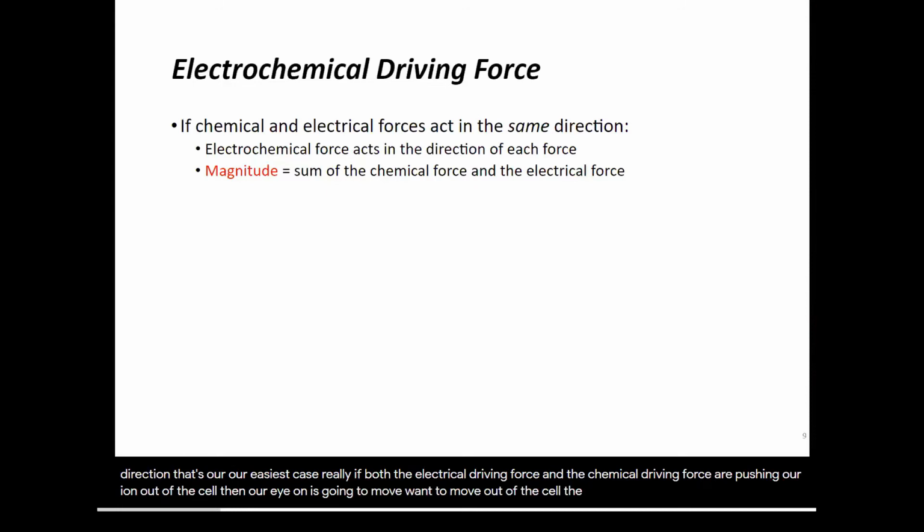The magnitude of that electrochemical driving force would be the chemical force plus the electrical force. So the electrochemical driving force in this case would be stronger than either the chemical driving force or the electrical driving force individually, but it would have the same direction as each. All three forces would be pointing in the same direction.